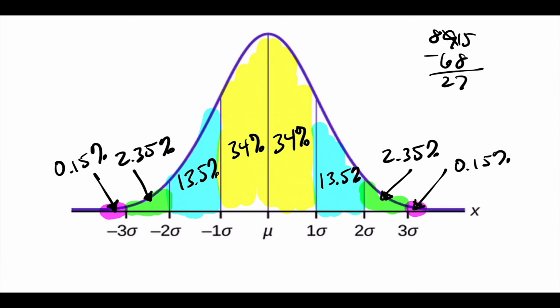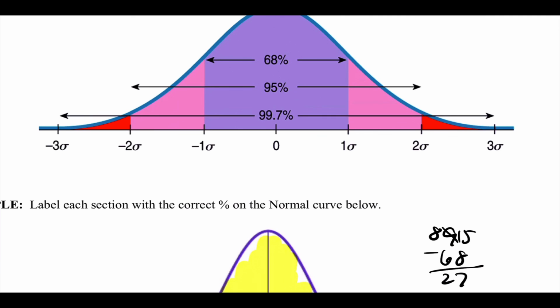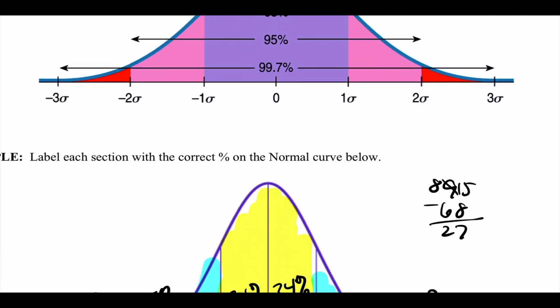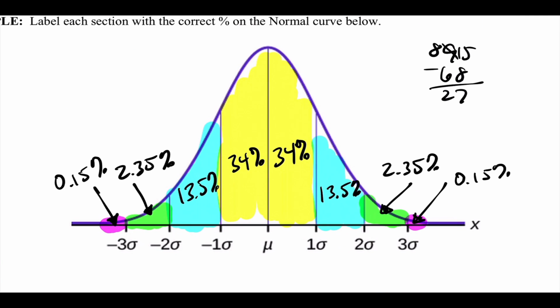All of those added together, if I add all the colors up, what would they equal? Not 100. 99.7. Yeah, 99.7, which is the same as in here, right? Because what we're going to do tomorrow is they're going to ask you questions. They're going to say, what percent of the data is 1 standard deviation and above?